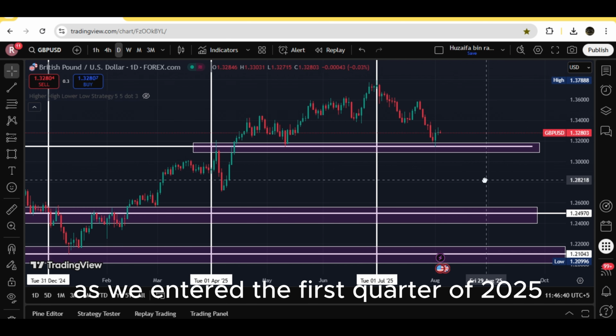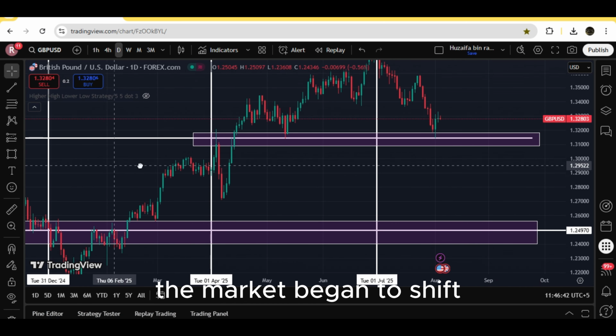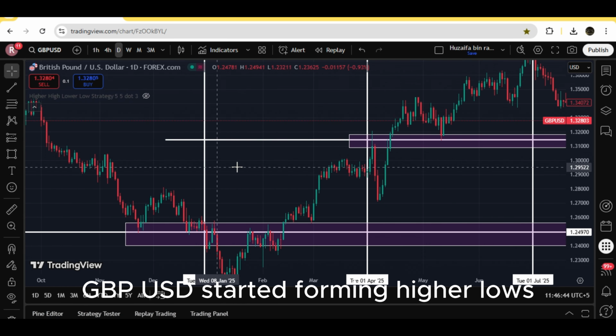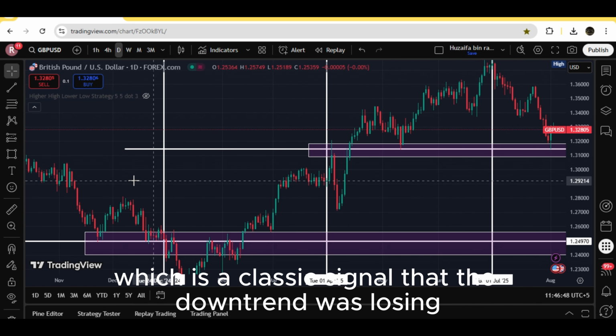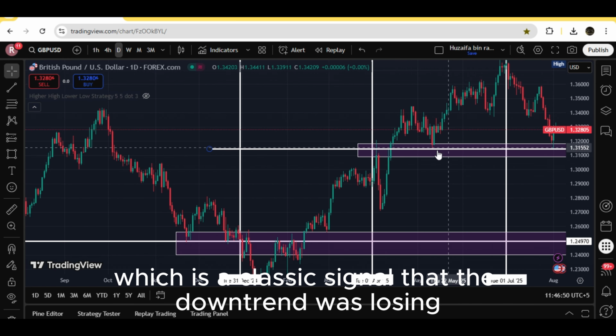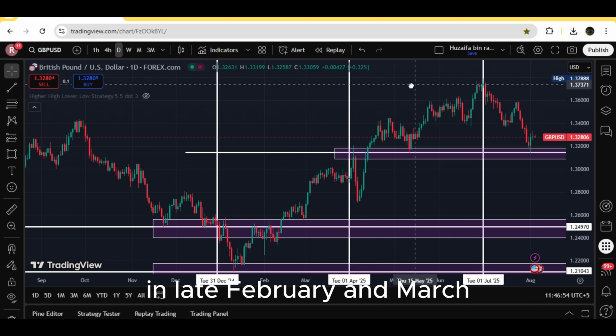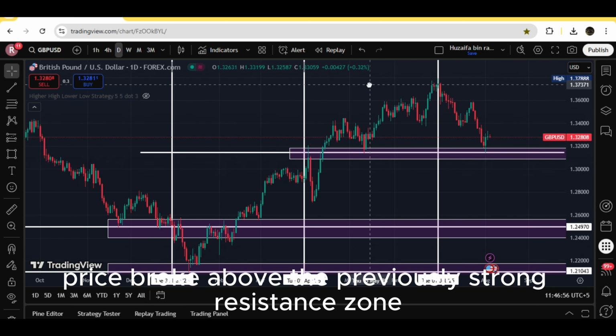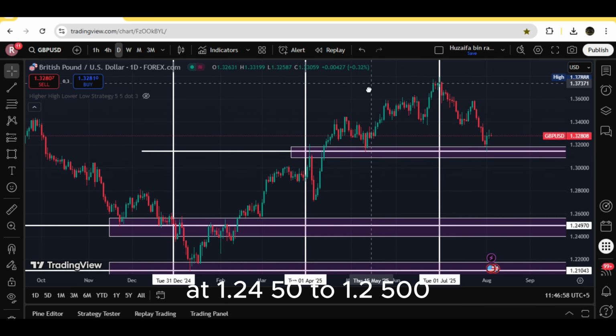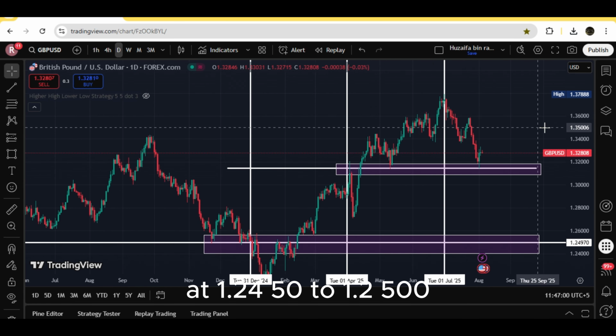As we entered the first quarter of 2025, the market began to shift. GBP USD started forming higher lows, which is a classic signal that the downtrend was losing strength. In late February and March, price broke above the previously strong resistance zone at 1.2450 to 1.2500.